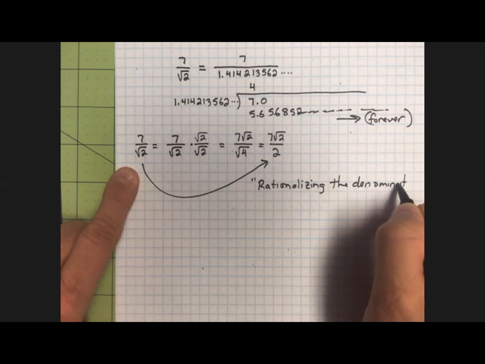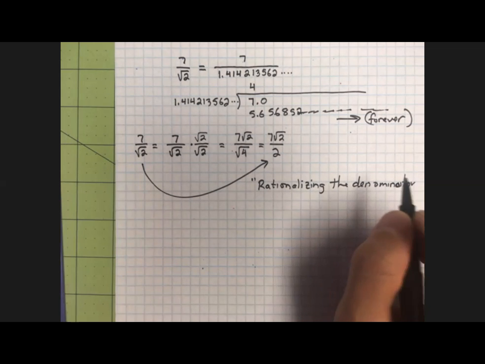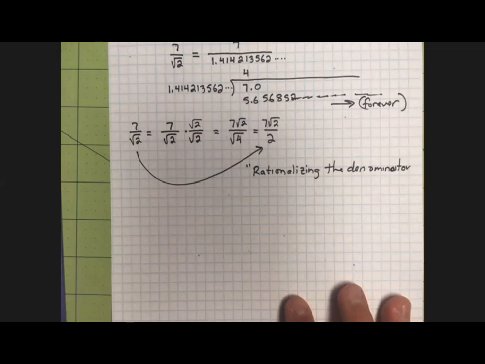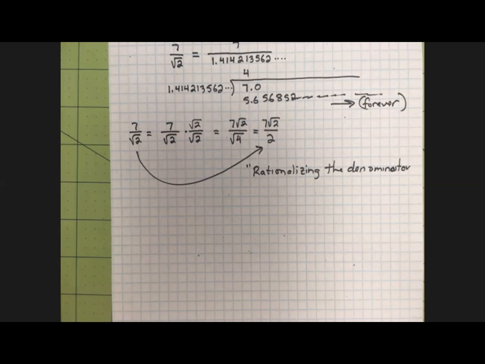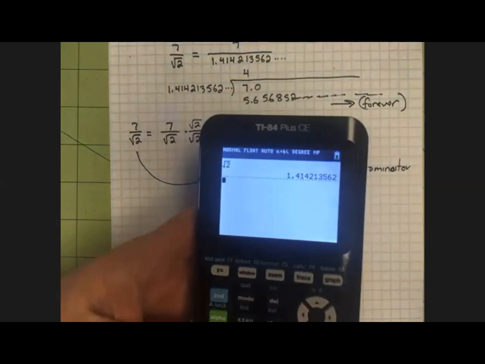But how would that make it any easier to divide if you still have to deal with the radical on top? Good, good, perfect. It's like I planted you. Well, let's write here what 7 root 2 is.